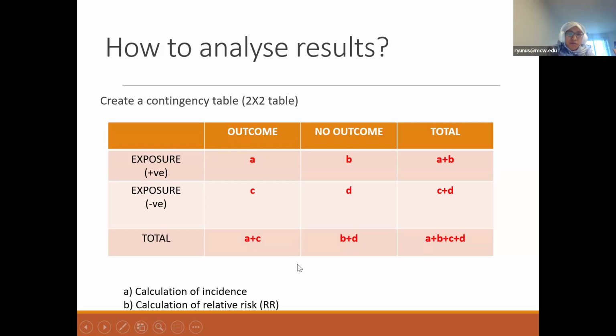The difference is what values you use to put into the formula and what measure of association you get out of it. So if you see here, A is the calculation of incidence and B is the calculation of relative risk. Now, when the design is a cohort study, there are slight differences in how you use the data that you get.